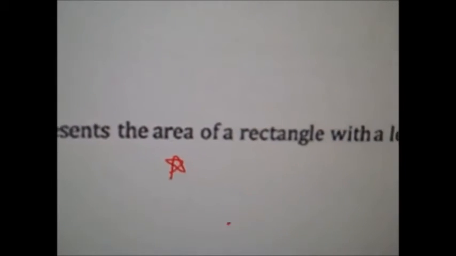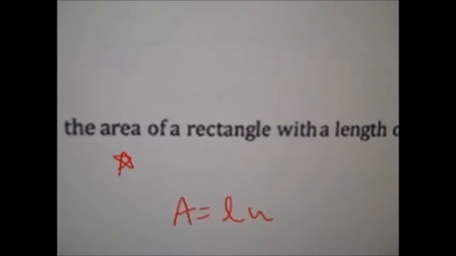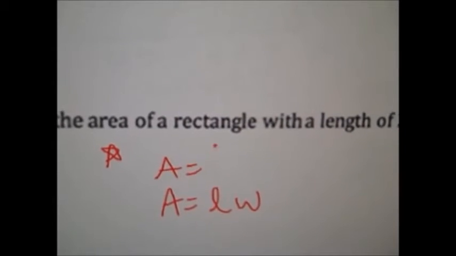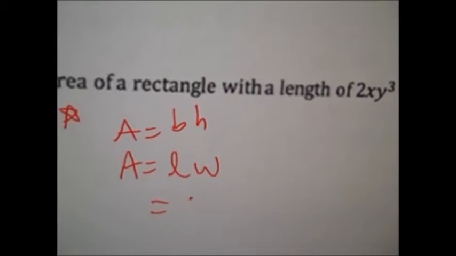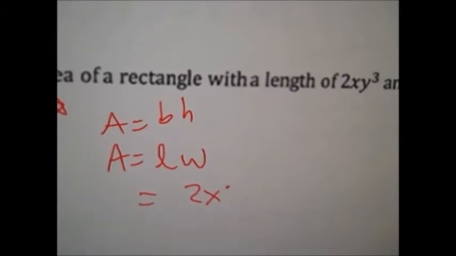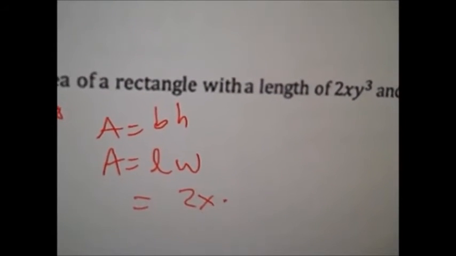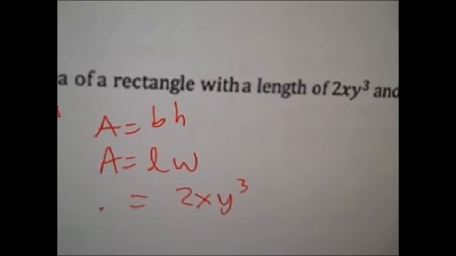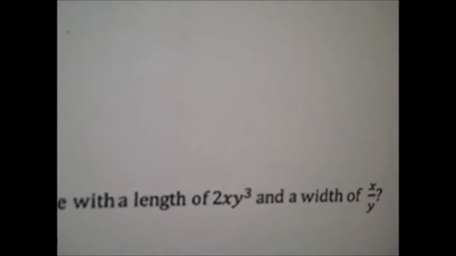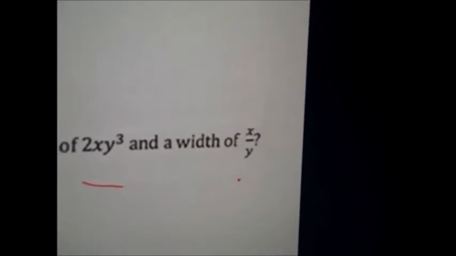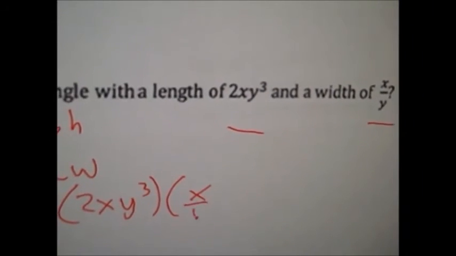Area of a rectangle equals length times width, or in some cases base times height. As long as you have those two dimensions, you'll be able to find area. This will be the length and then the width, as it says here. Width will be x over y.